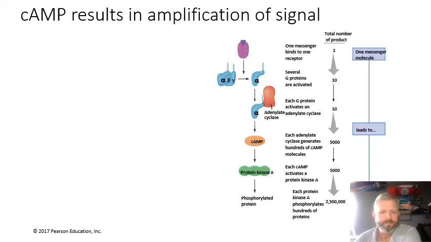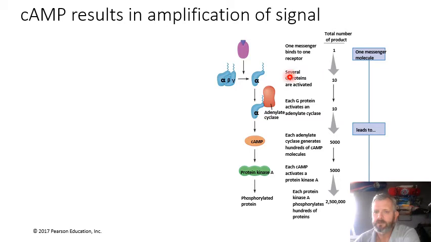So let's look at how this amplification takes place with our cyclic AMP system here. Here's our receptor. One chemical messenger binds to one receptor, and binding here can actually activate multiple G proteins. There can be multiple G proteins coupled here, and say we activate 10 G proteins by binding to one receptor.